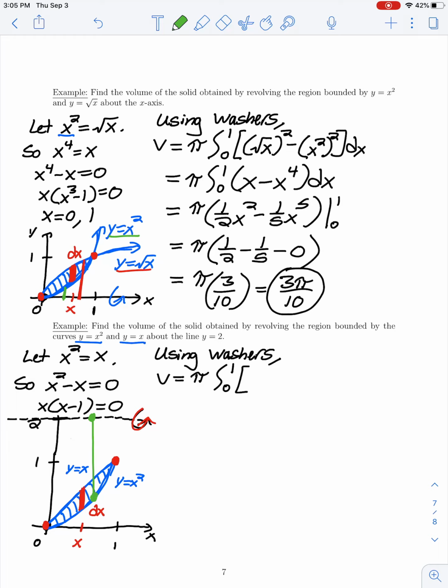Now, I know the distance from the x-axis up to this lower curve is given by y equals x squared. So the vertical distance I've risen is x squared. And the distance from my axis of revolution all the way to the x-axis is 2 units.